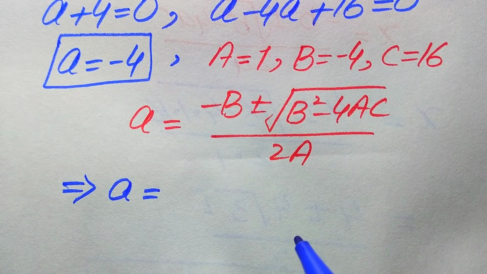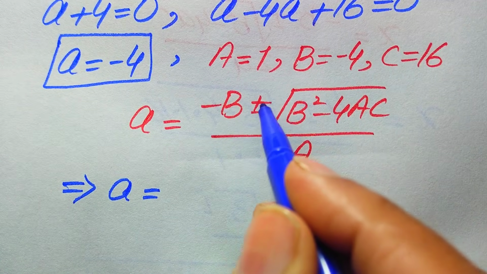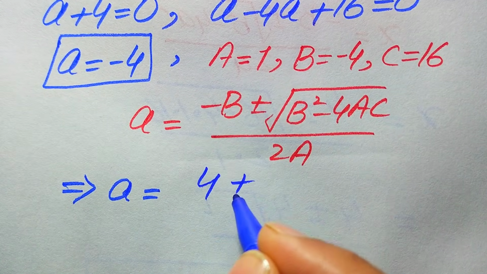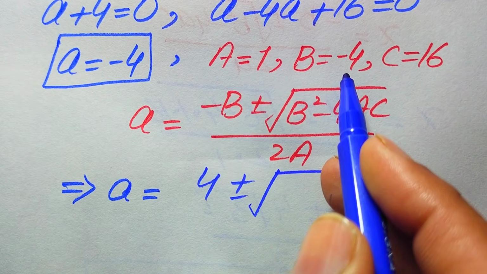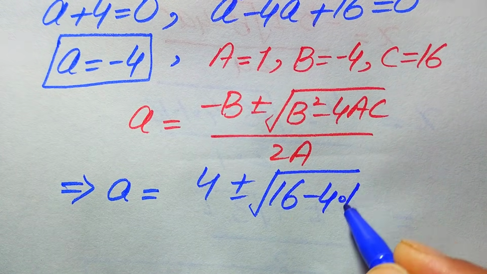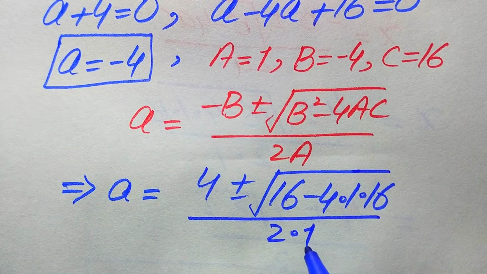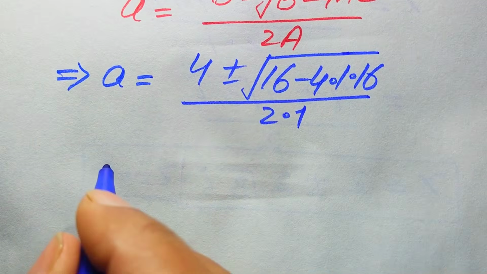So here I can just skip some steps, or we directly do the calculations. Okay, I hope you understand all of these steps. So when you substitute all of these values here, it becomes 4 plus minus square root of, the value b is minus 4, and minus 4 square becomes 16, minus 4 times a is 1 and c is 16, and it is divided by 2 times a, and here our a is equal to 1.